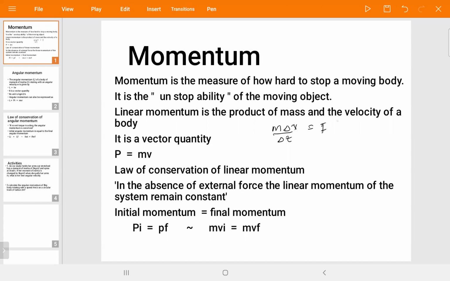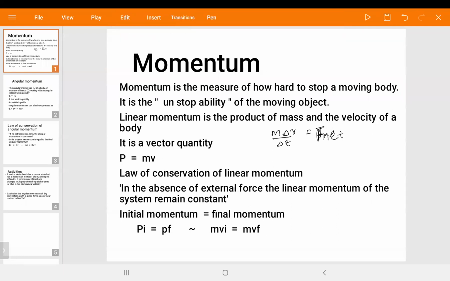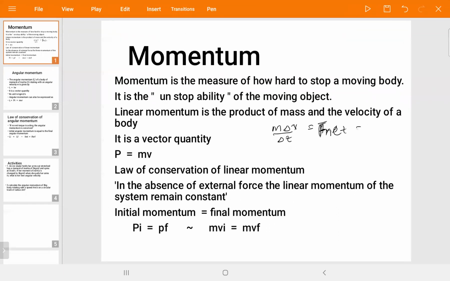If we are dealing with a constant mass, then this gives a net force. But what if the net force is zero? If the net force is zero, what can you say about this result? It becomes zero, because there is no external force that acts on the object.